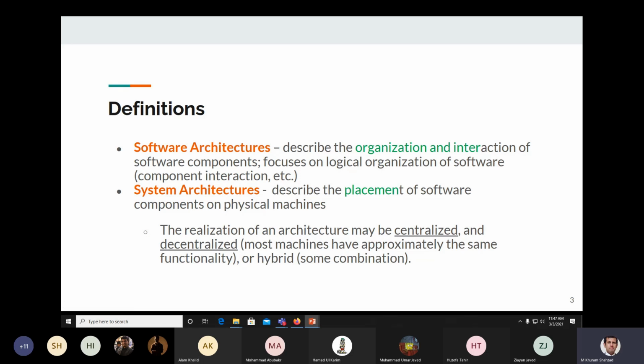Good. The realization of an architecture may be centralized or decentralized. Can anyone explain what centralized architecture is and what decentralized is? Just a rough idea. Any participant from class or MS Teams? Centralized is one in which communication is through a common point.